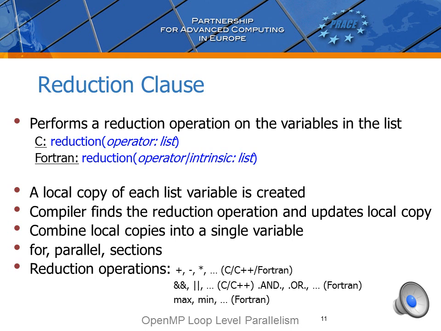The list variables are shared by default. When you use the reduction clause, a private copy of each list variable is created for each thread. The compiler finds the reduction operations and updates the private copy. At the end of the reduction, private copies are reduced into a single value and combined with the original global value.